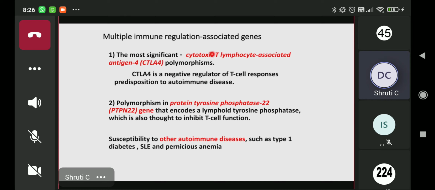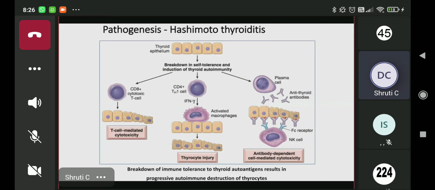And the most common genes related to it: one is CTLA4, that is cytotoxic T lymphocyte associated antigen 4 polymorphism, which is a negative regulator of T cell responses. So when it negatively regulates the T cell, this will predispose to the autoimmune disease. And another gene is protein tyrosine phosphatase 22, that is the PTPN22 gene. Okay, and defects in these two genes are most commonly associated with Hashimoto.